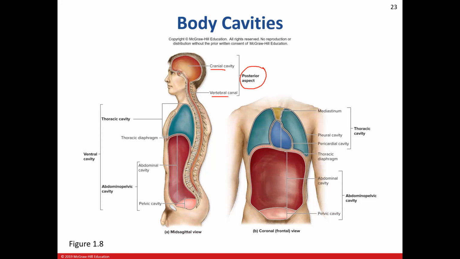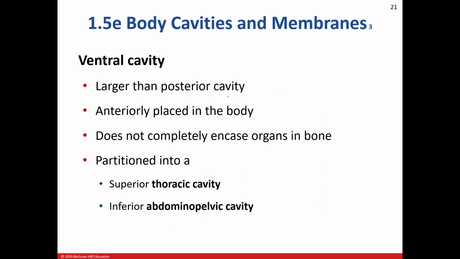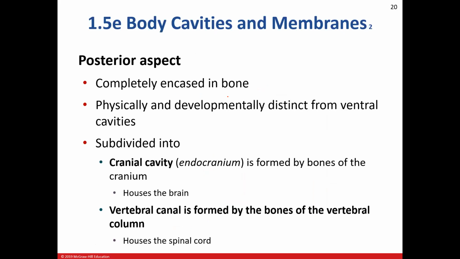So what is in the cranial cavity? Your brain. What is in the vertebral canal? Your spinal cord. Both your brain and your spinal cord make up the central nervous system. So this posterior aspect is going to house your central nervous system. And you need to know this, it is completely encased in bone.